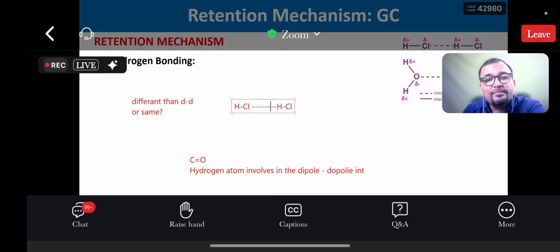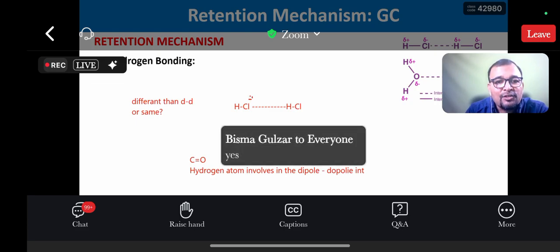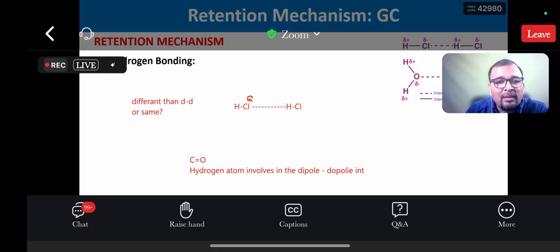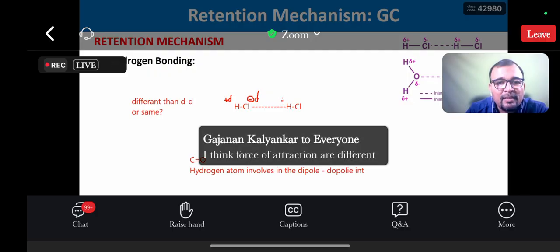Chlorine will have the minus delta charge, and this hydrogen will have the plus delta charge.